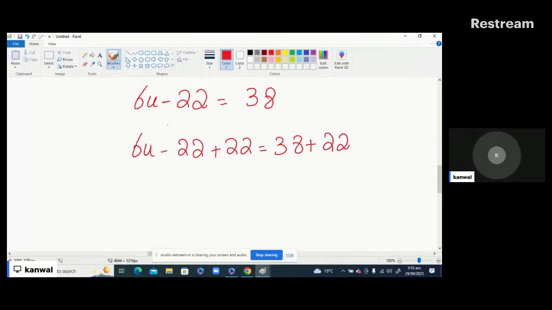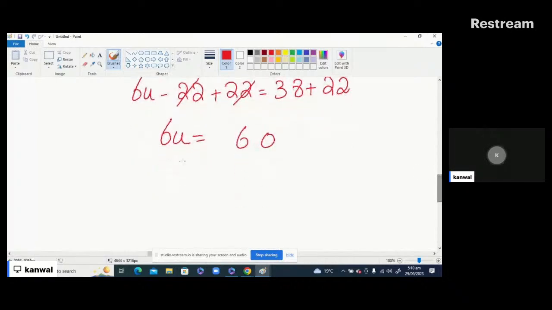Because it's in the form of subtraction already. Then we just add 22 on both sides. So on this side this cancel out, so here it's only 6u. So what's the answer? 38 plus 22, it's 60. Now divide on both sides with 6. This 6 and 6 cancel. 6 times 10 is 60. So what's the value of u? That is 10.